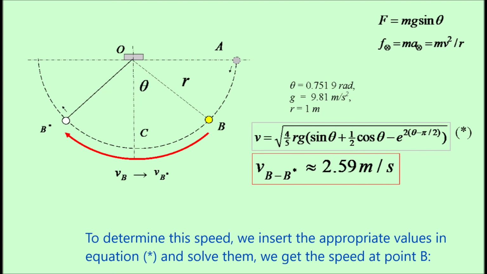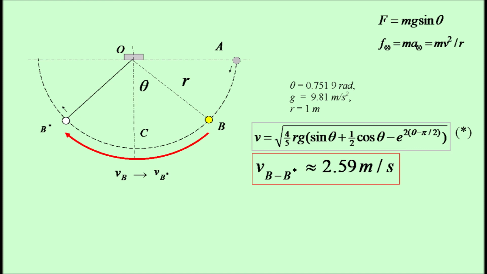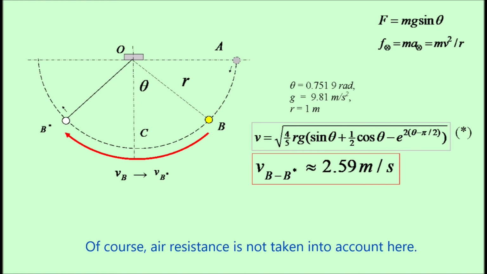To determine this speed, we insert the appropriate values in equation asterisk and solve it, we get the speed at point B. Of course, air resistance is not taken into account here.